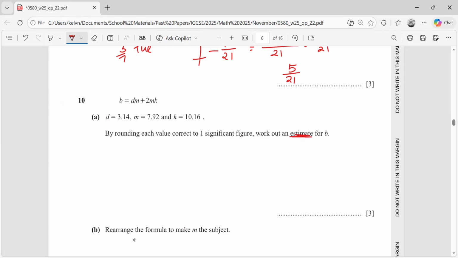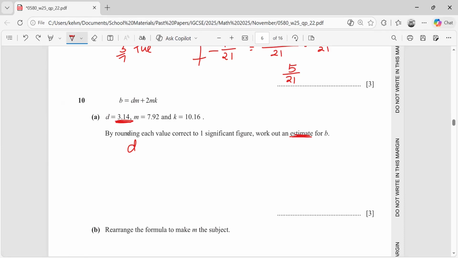So for example, in the first one, D, to one significant figure, 3 is the most significant here, followed by 1, and then 4 finally. Why? Because 3 is in the place value of ones, whereas the other ones are in the tenths and hundredths. They get smaller.